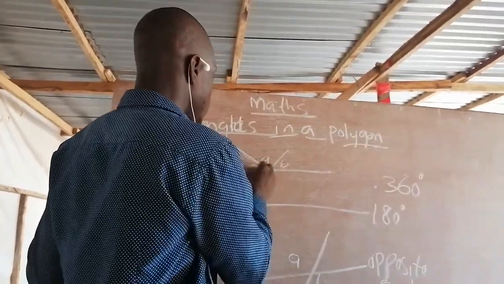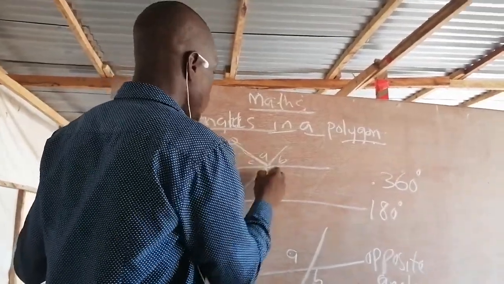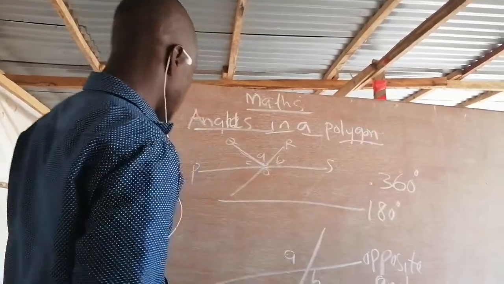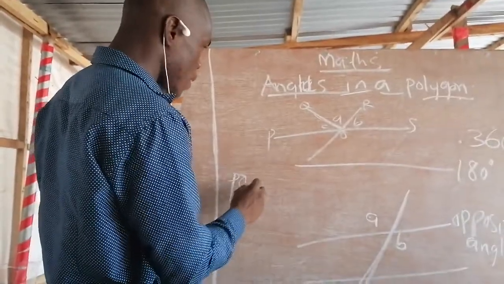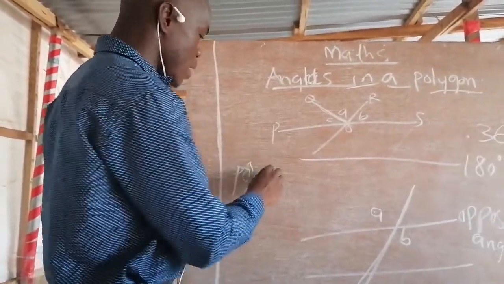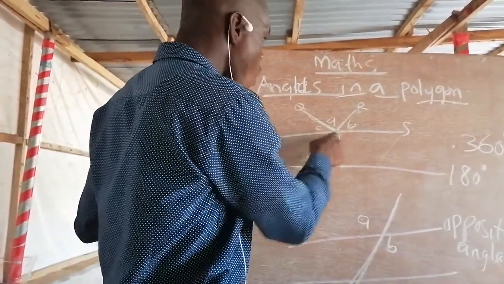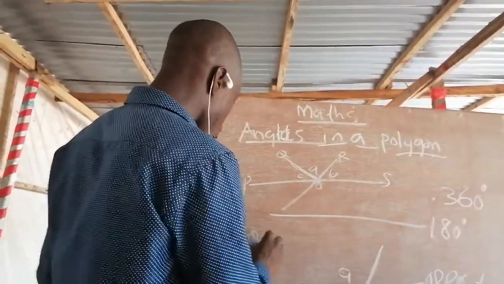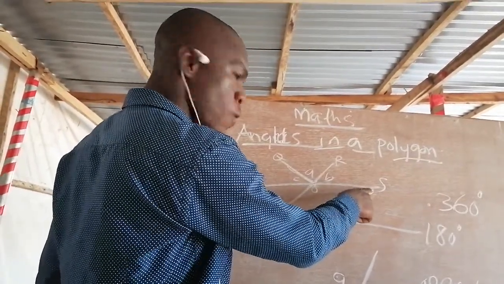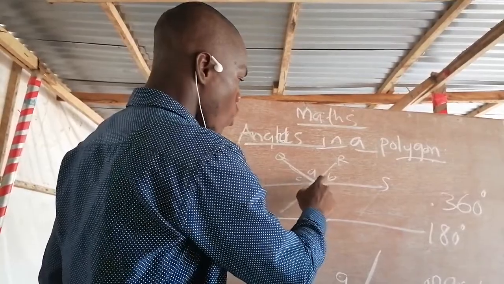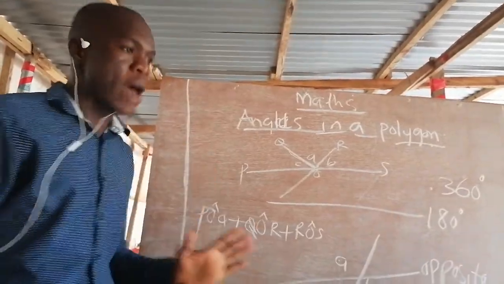A, B, C, and you have P, O, Q, O, R, S. Angle P, O, Q, plus angle Q, O, R, plus this angle R, O, S. Everything is what? 180.